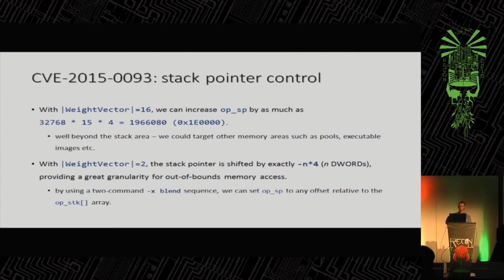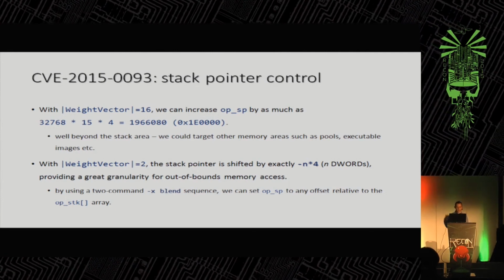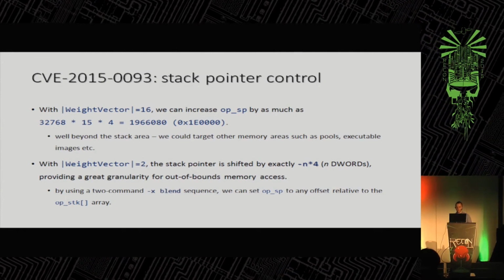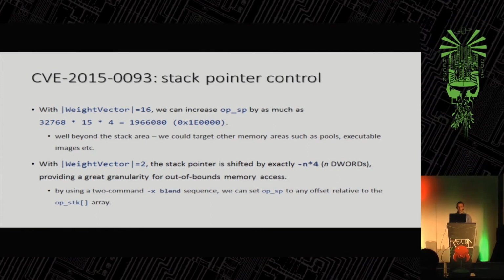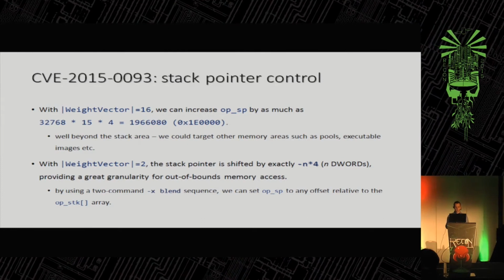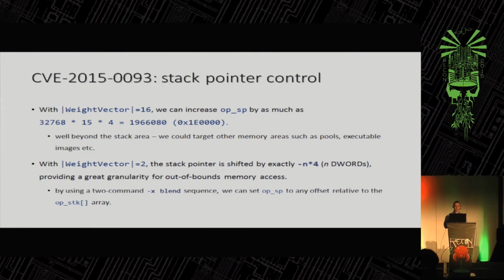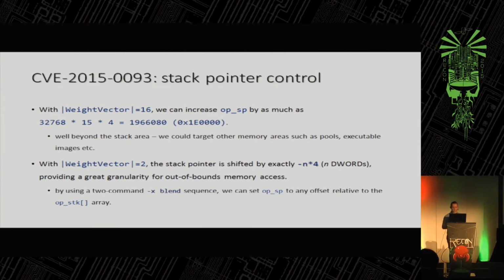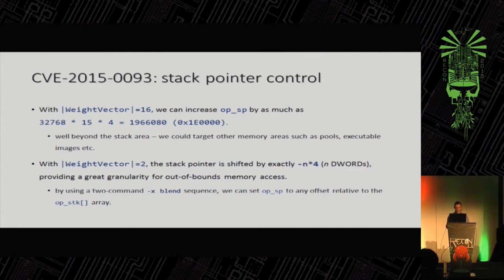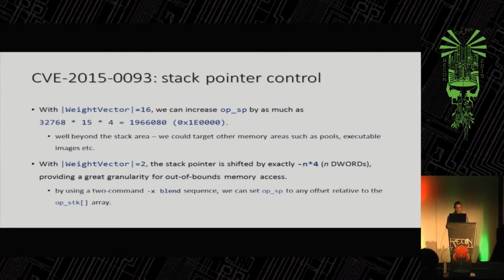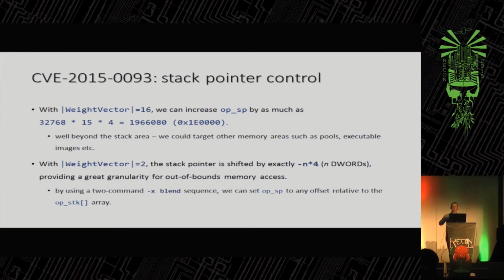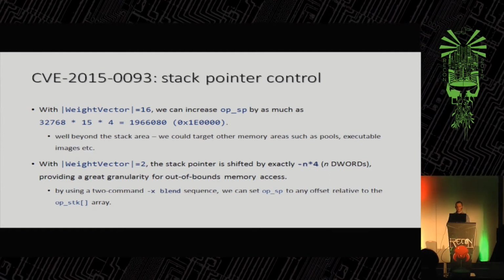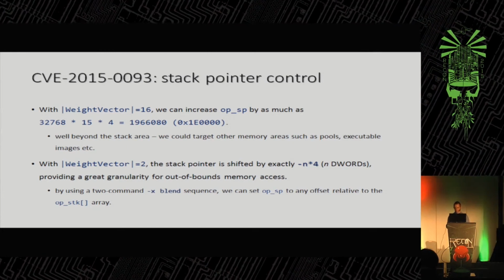So we could maybe point it to somewhere else, such as the heap or pool or executable images, etc. But if we set the WeightVector to an array of length 2, then we can have very fine granularity of control of the pointer. If we just issue a 2 -x blend sequence, then we can set OPSP to any offset relative to the operand stack with the granularity of 4 bytes.